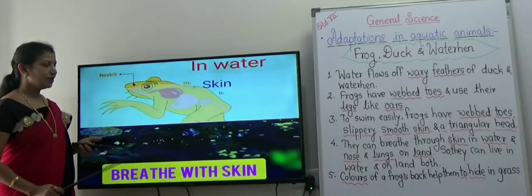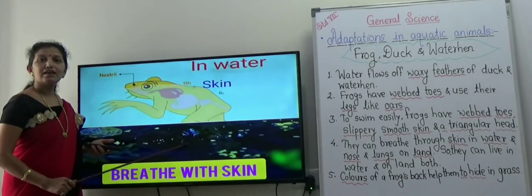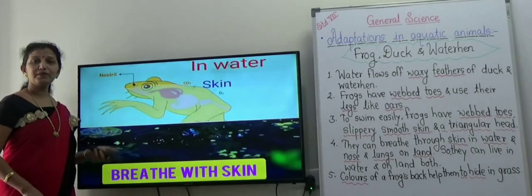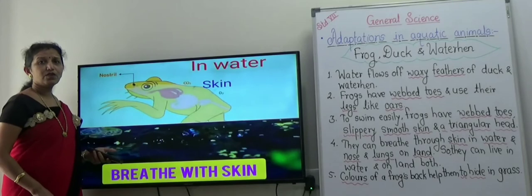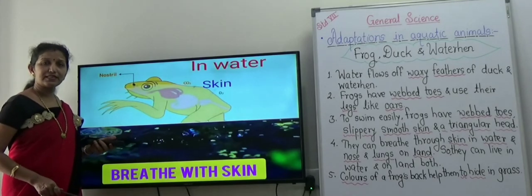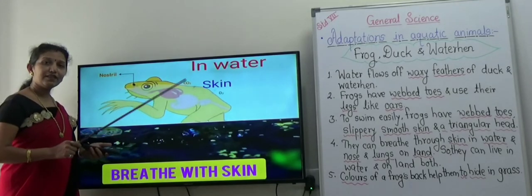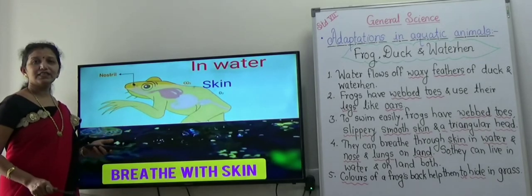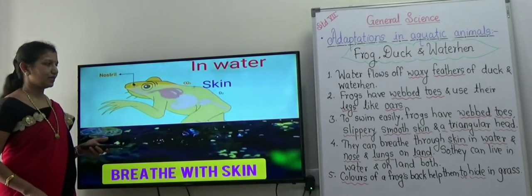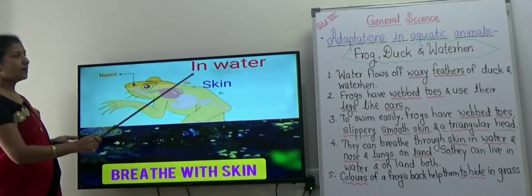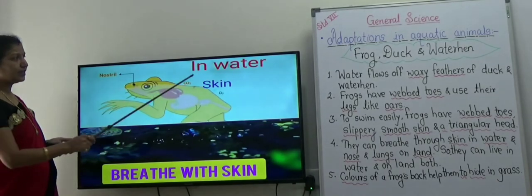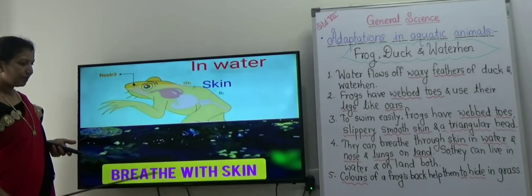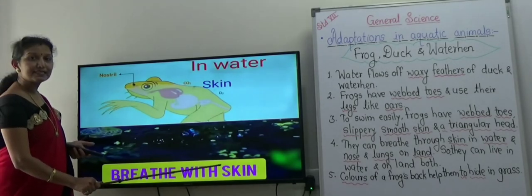Now, we have seen that frogs are amphibious animals. What is the meaning of amphibious? They can live in water as well as on land. That's why they are called amphibious animals. When they are in water, they breathe with the help of their skin.